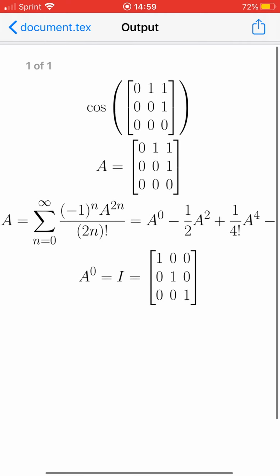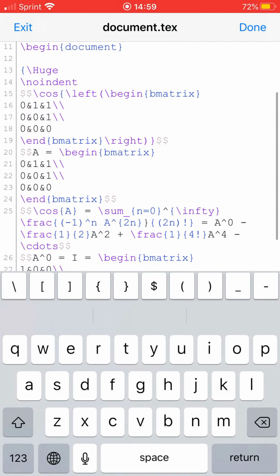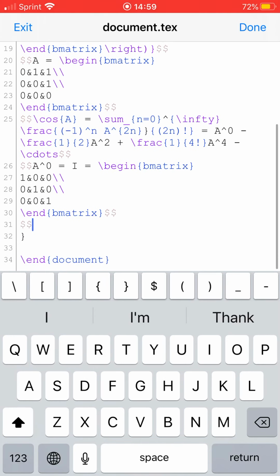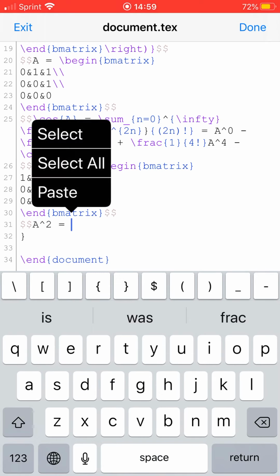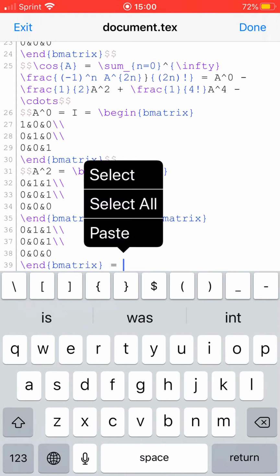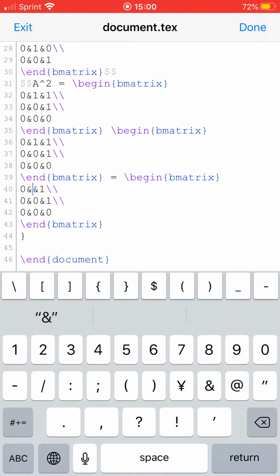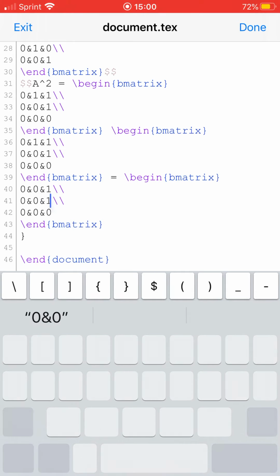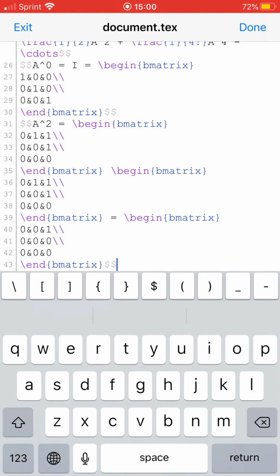Okay, then next we need to calculate A squared. A squared is not hard to calculate because it's basically just A times A. This is just simple matrix multiplication. You can do it by yourself if you want to. I'm just going to write the result down.